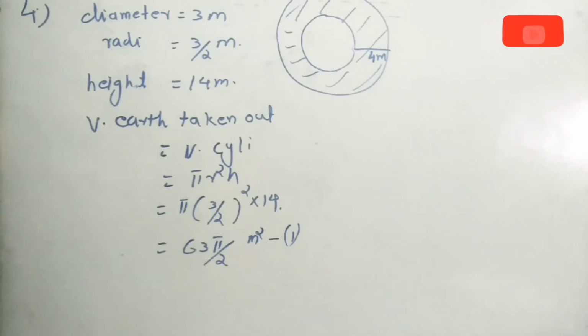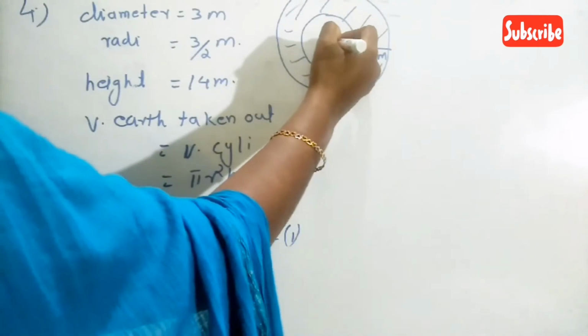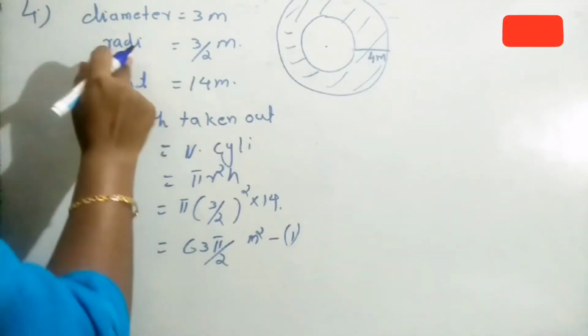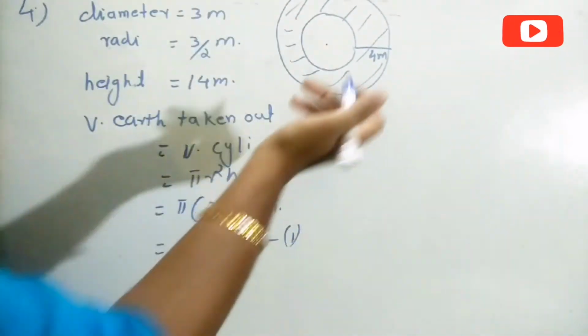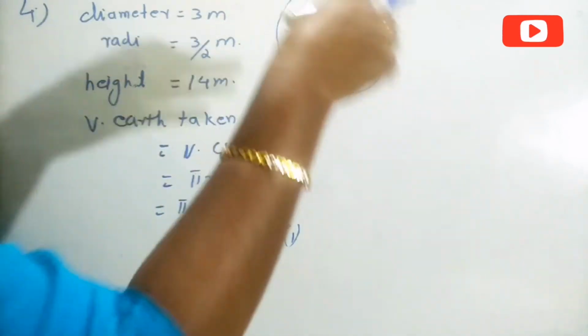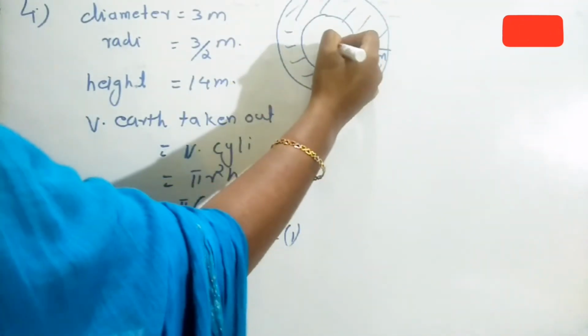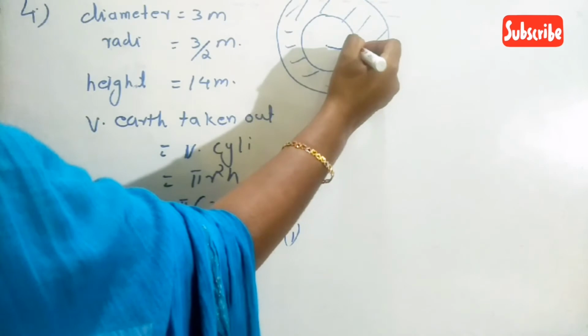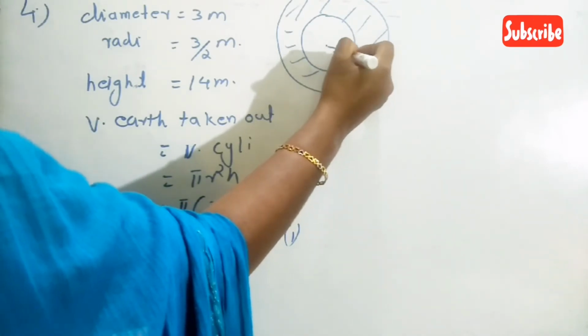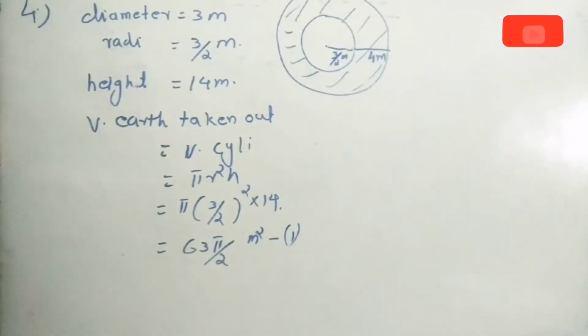A circular ring means the portion which lies between two concentric circles. The radius of the well, which is a cylinder, is given as 3 by 2 meter.